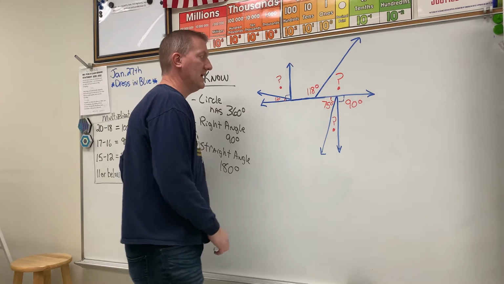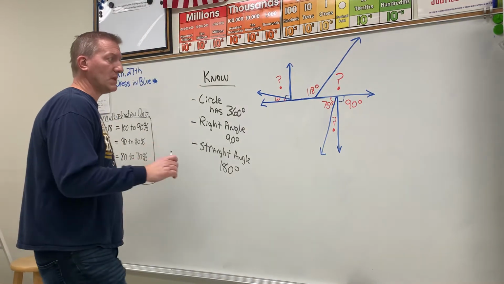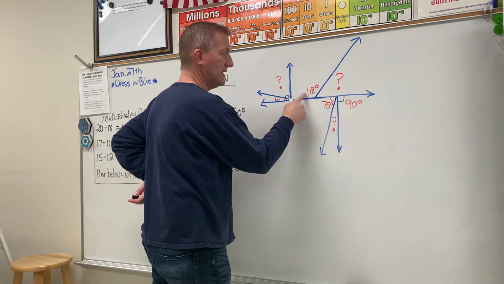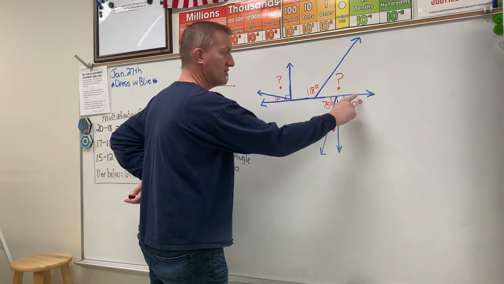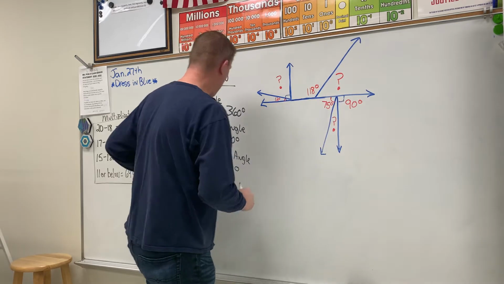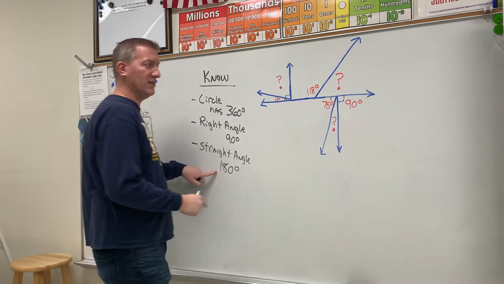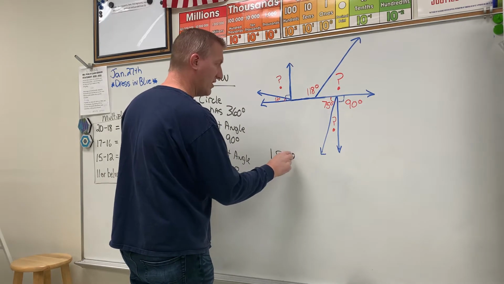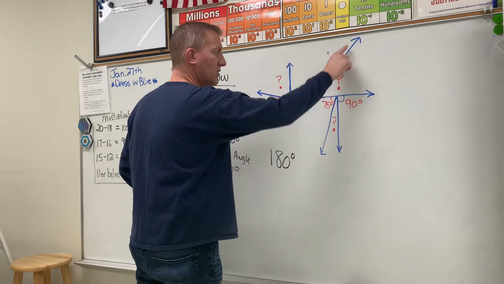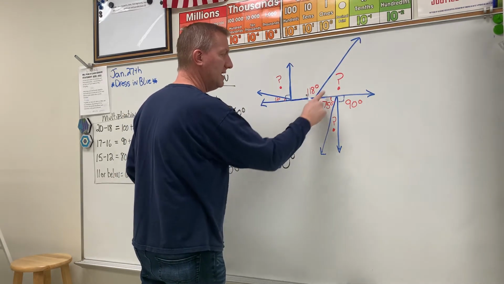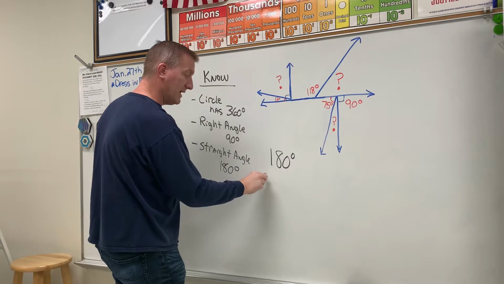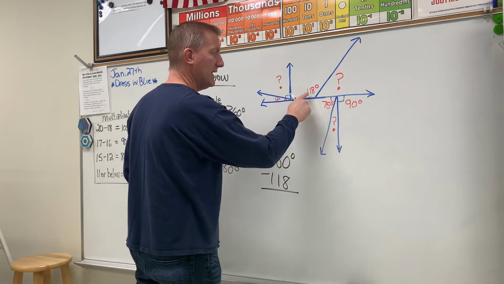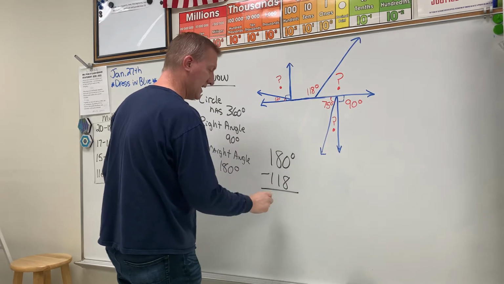All right, so let's figure out this problem. First of all, let's go over and solve this one first. This one's probably the easiest one. So you have a straight angle here that we know is 180 degrees. So if this one is 118, then we can subtract that from the 180, and that should give us this missing angle here.